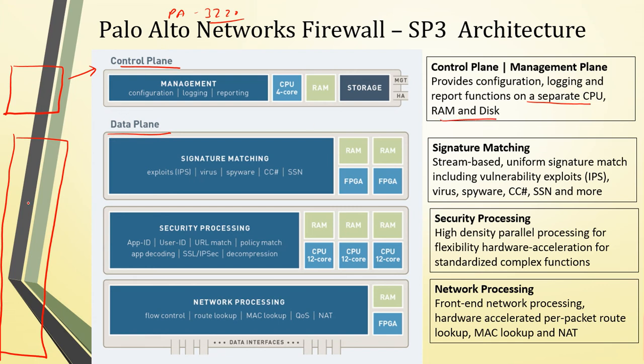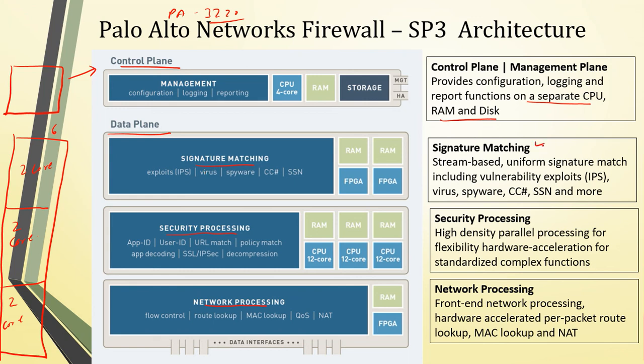On the data plane, there is one CPU, but it is also divided into cores. Like in this CPU, 6 cores: 2 cores are reserved for signature matching, 2 cores are reserved for security processing, and 2 cores are reserved for network processing.